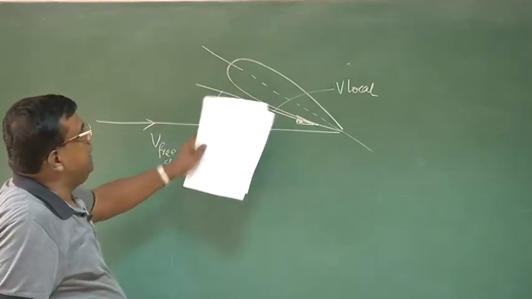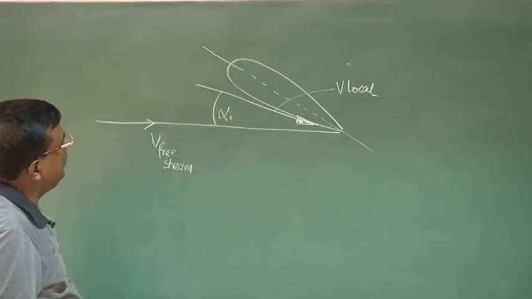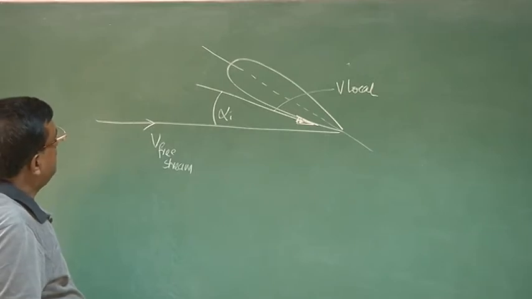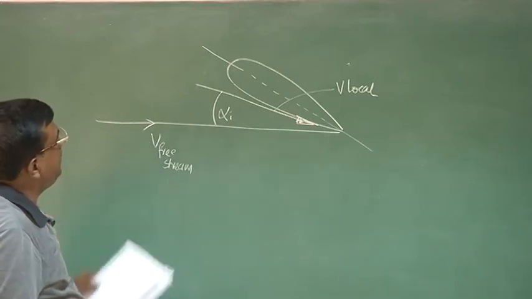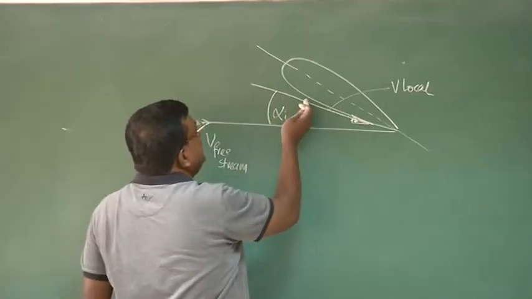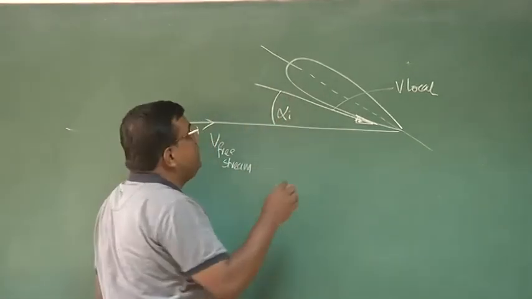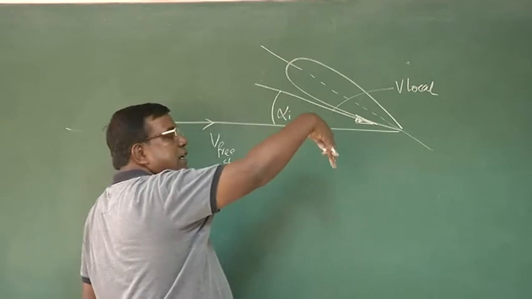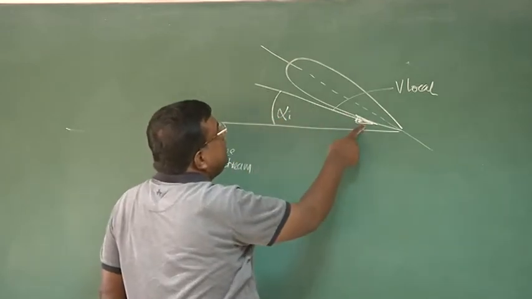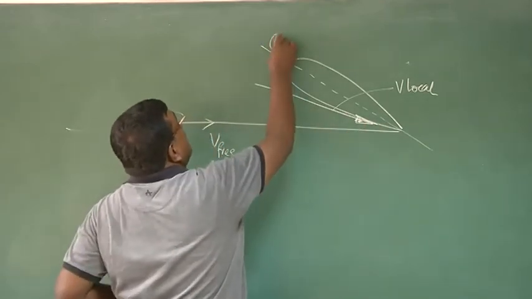So let's say this is a wing, and this is the free stream velocity. As it comes near the wing, there's a downwash because of wing tip vortices. The velocity vector gets tilted downward. So this is the local velocity direction, and this is the chord line.